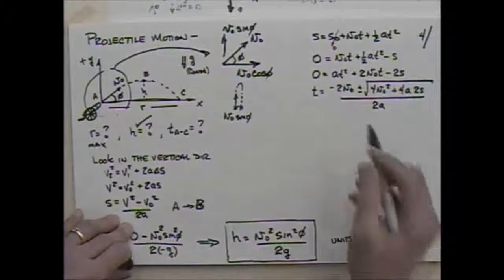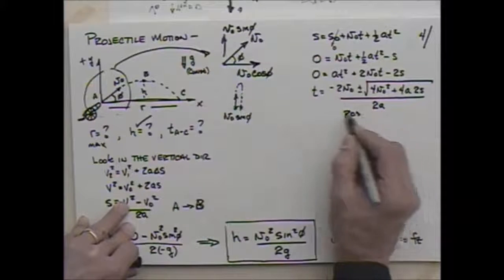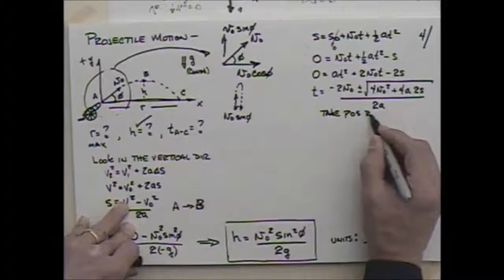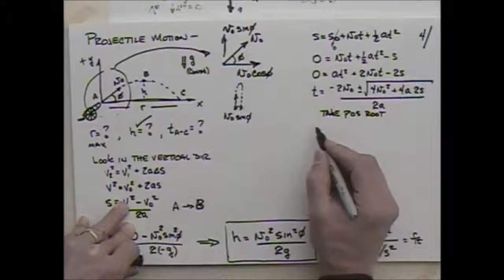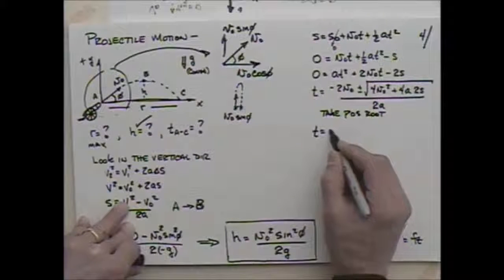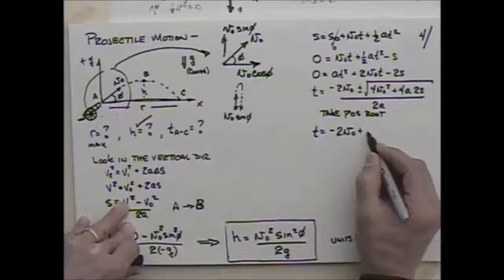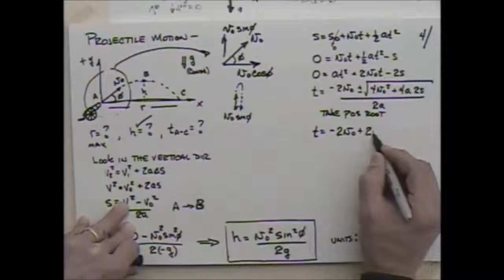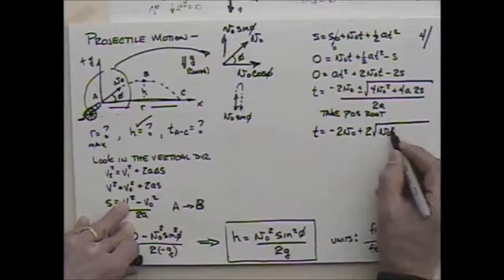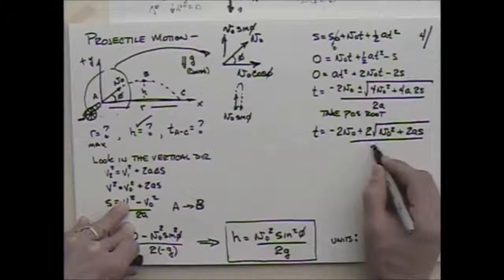I'm going to go ahead and take, because I've done this before, I don't want to belabor this, I'm going to take the positive root. So take the positive root. So that means that t is going to be equal to minus 2 v naught plus 2 times the square root of v naught squared plus 2as, divided by 2a.